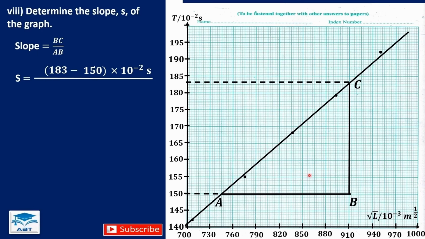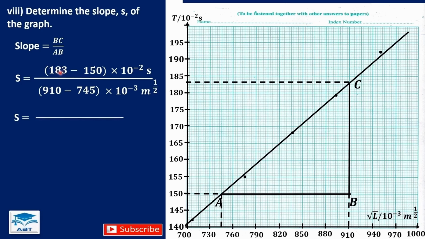And for AB, we have B minus A. B is 910 minus A is at the middle of 730 and 760. So we'll add 15 to 730, which gives 745 times 10 exponent negative 3, and the unit is meters exponent half.